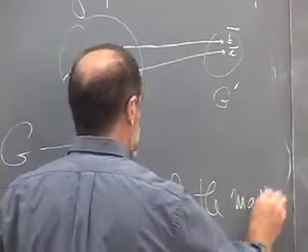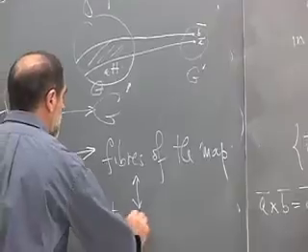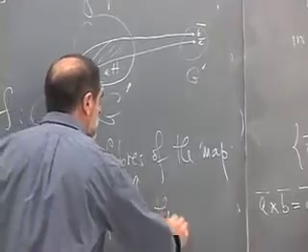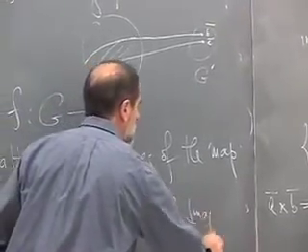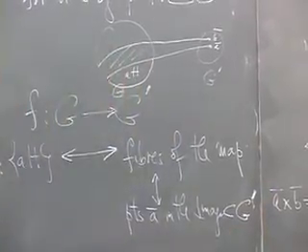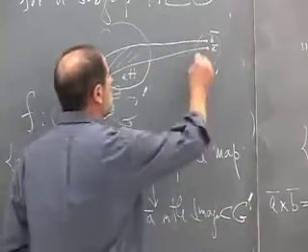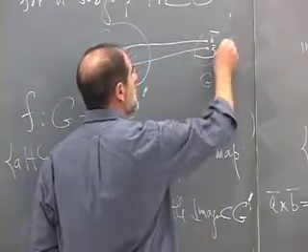Therefore, they can be identified bijectively with the points A bar in the image, which is contained in G prime.